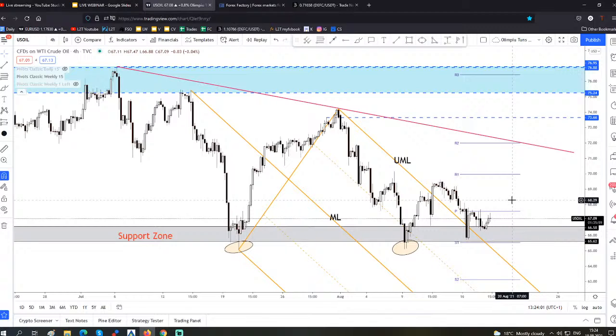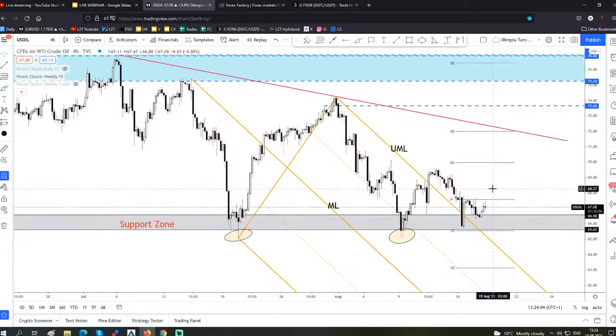And as you already know from my analysis from my previous sessions, I've told you guys that the price of US oil could maybe increase again after maybe testing and retesting the support zone. And as you can see here, the US oil has escaped from this descending pitchfork body.